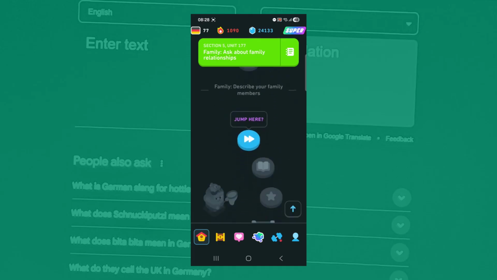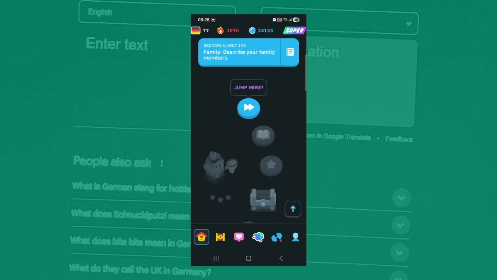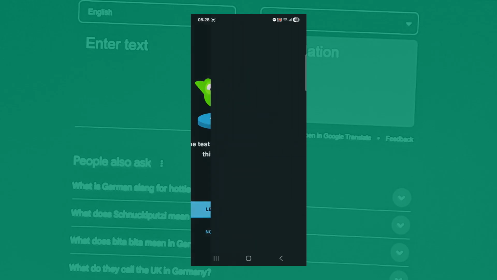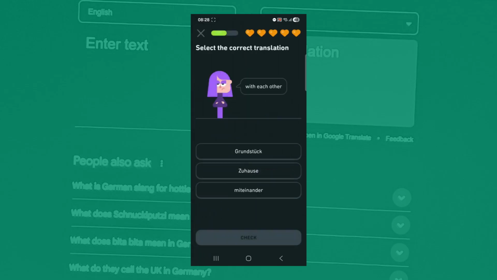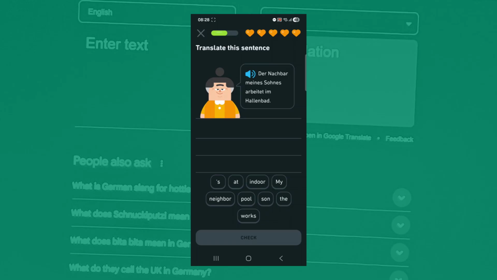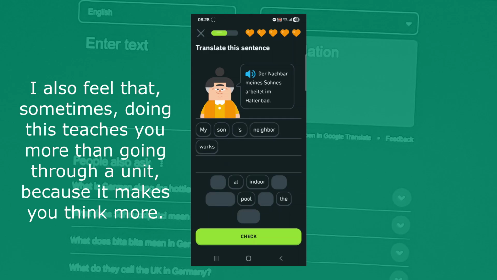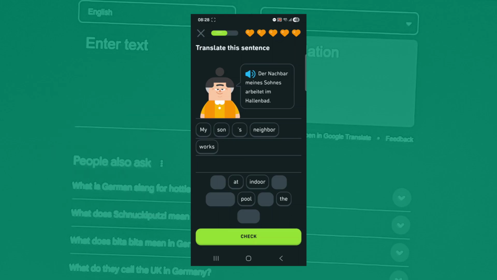So let's try jumping. Now, what I usually find out with jumping is that they're testing you on the vocabulary that you haven't yet learnt, because that's in the next section. But we'll see how we go. And I might need to look something up on the Google. Der Nachbar meines Sohnes arbeitet im Hallenbad. That must be an indoor pool, Hallenbad.